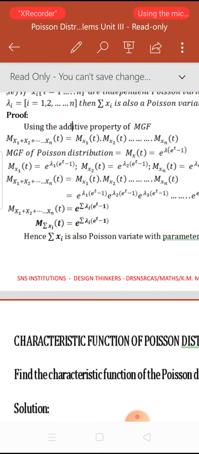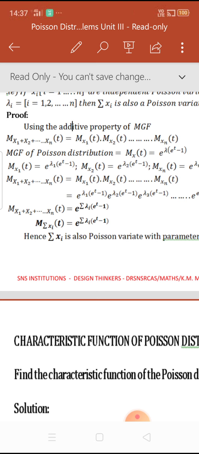Therefore mx1 of t, the moment generating function of the random variable x1, is equal to e power lambda 1 into e power t minus 1, because lambda 1 is the parameter for the independent random variable x1. Similarly lambda 2 is the parameter for the Poisson variate x2, so mx2 of t is equal to e power lambda 2 into e power t minus 1.